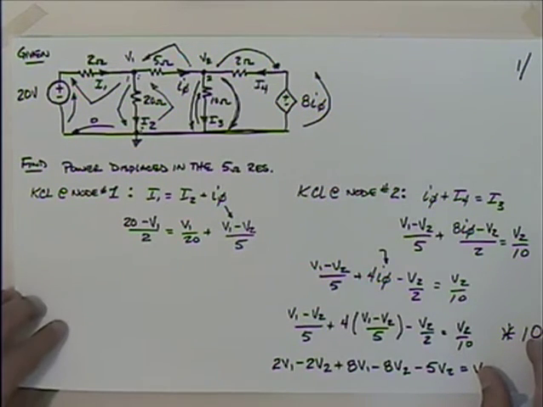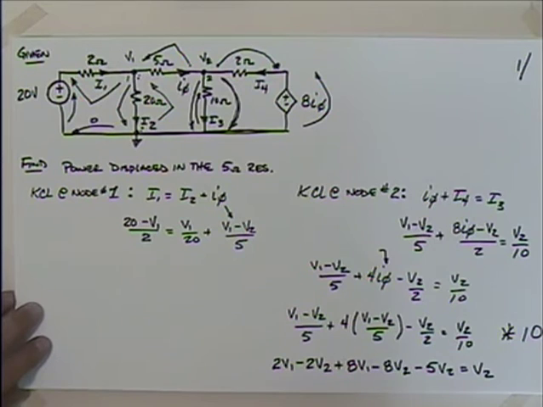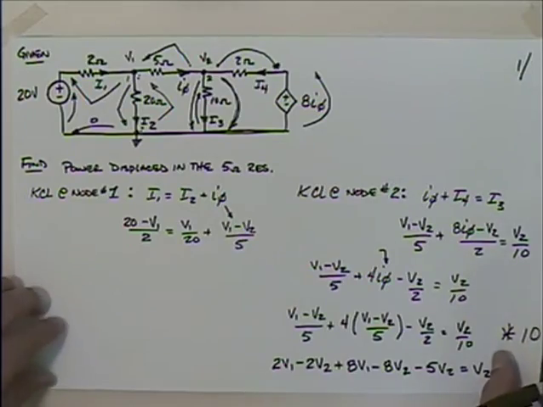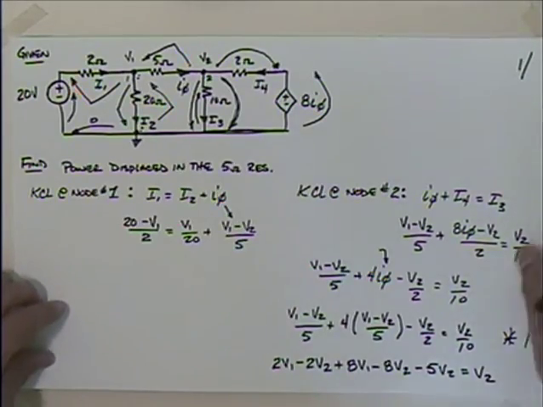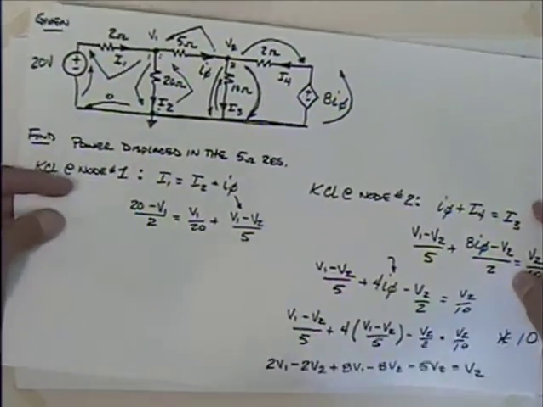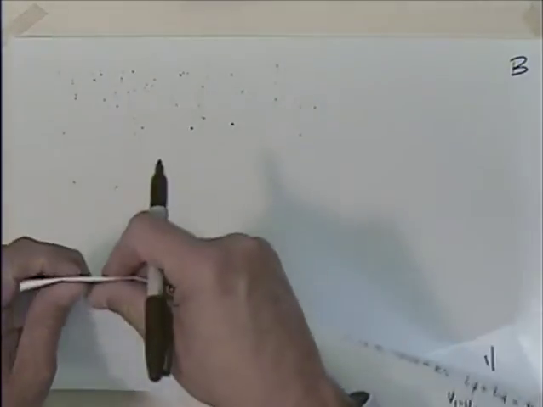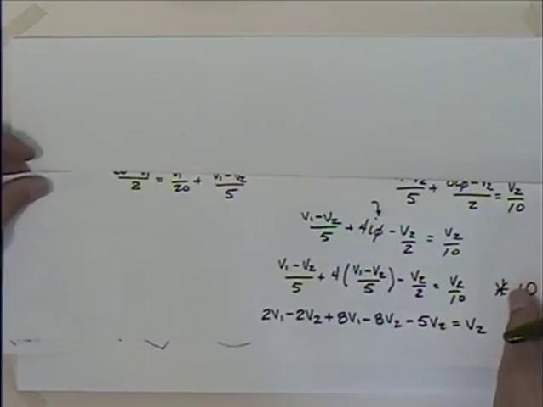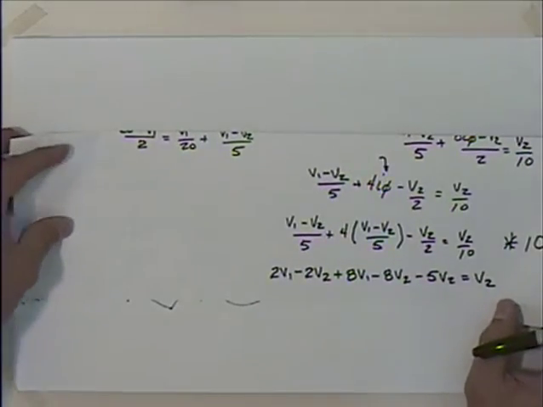So I think I will continue on here and group up some terms. I think probably the easiest way is just to move to the next page. And a lot of times on these problems, algebra can be the most difficult part.